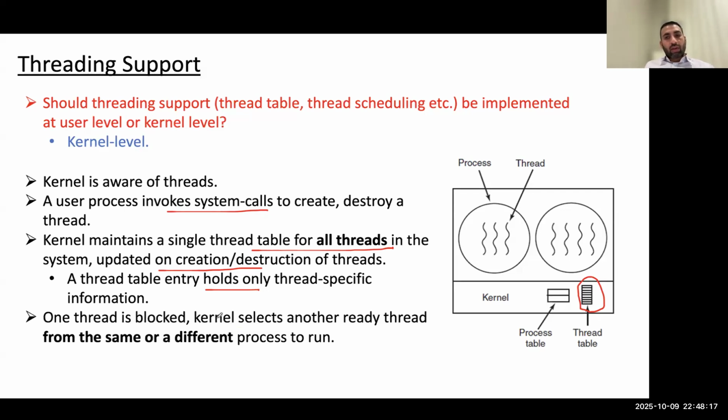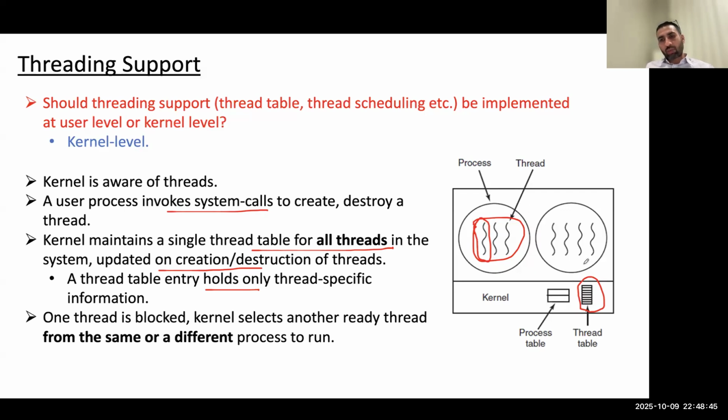The good thing is that, let's say we have these three threads in one process, and one of them is blocked, waiting for some IO which is not completed yet. Then the kernel can select any other thread from the same or a different process. Remember, the thread table is for all the processes, so in this particular example we will have 6 entries.